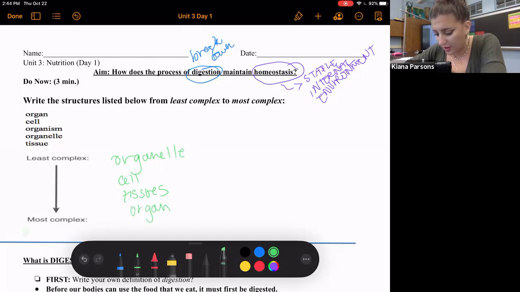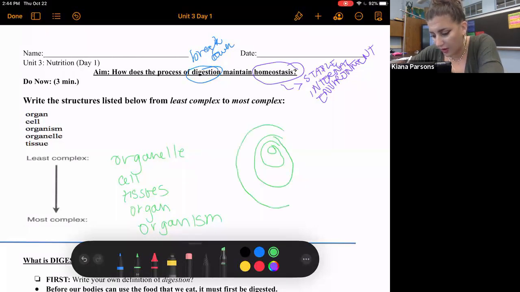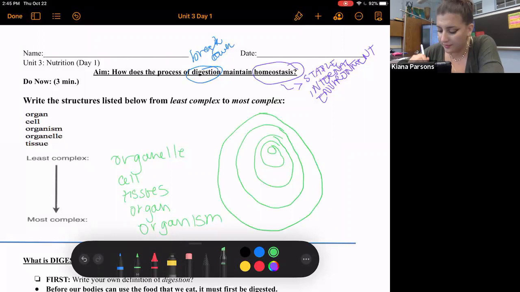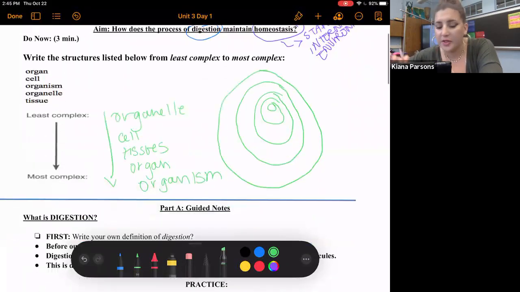And then larger than our organs, we have the organism. And remember that all the organelles fit inside all the cells, that fit inside all the tissues, that fit inside all the organs, that fit inside the organism. Least complex to most complex. And that is a review from Unit 2.